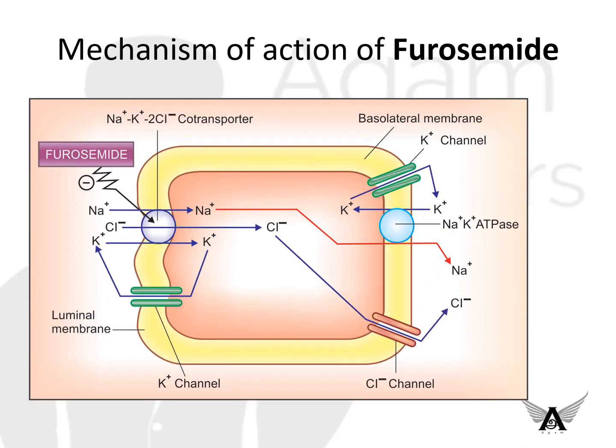In this picture again, we see the mechanism of action of furosemide. There is a cotransporter molecule which cotransports sodium, potassium, and 2-chloride ions.